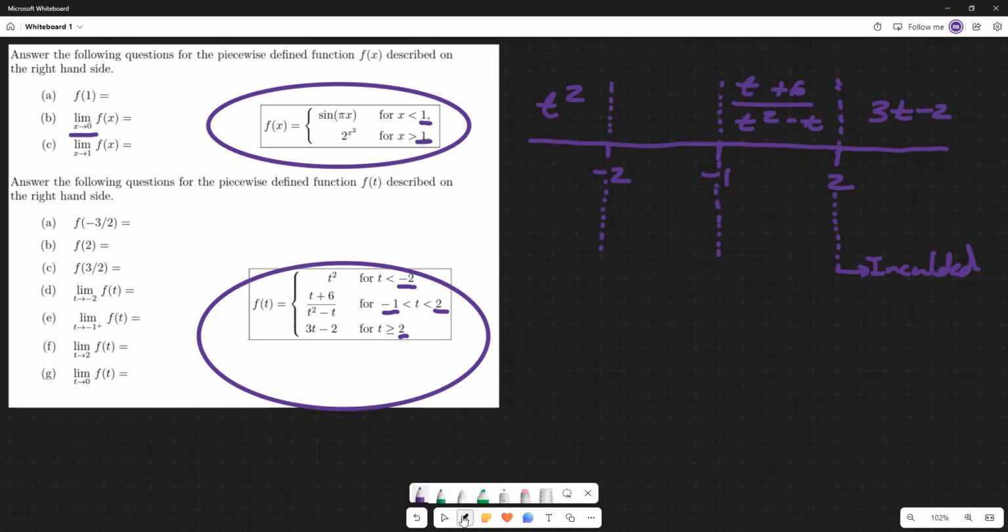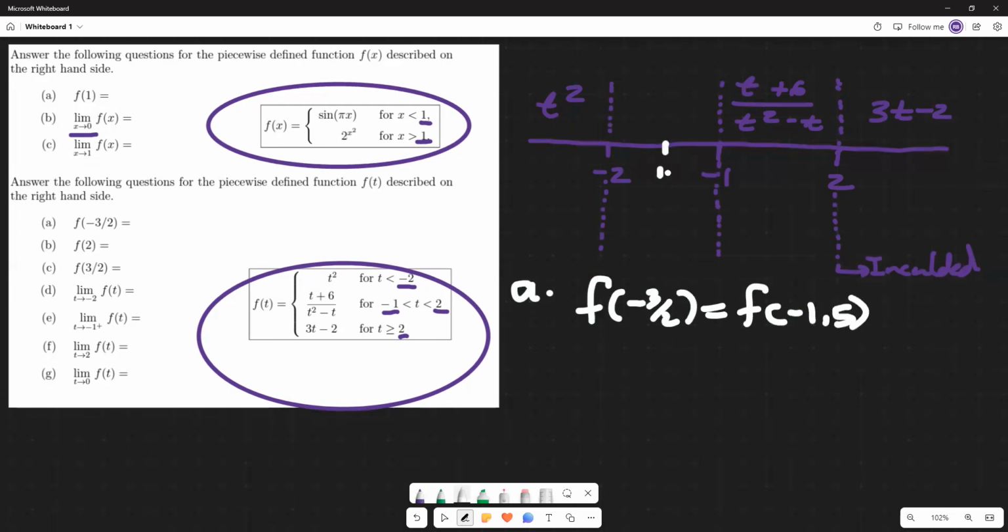Now let's start with the first question. They need us to find f at -3 over 2, which is basically f at -1.5. But remember 1.5 is somewhere here, so you don't know whether to go there or there.